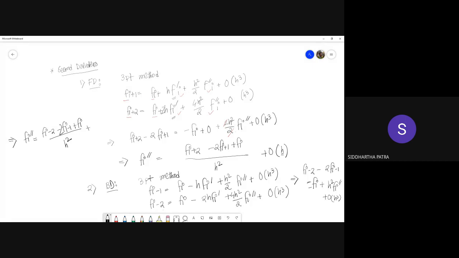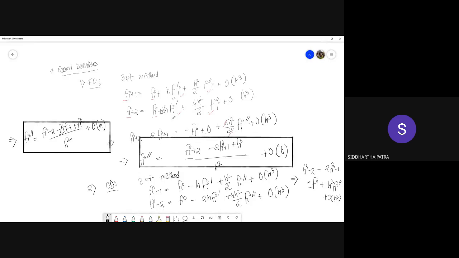Okay, and this one has a truncation error of order h. Okay, so these two are the expressions from forward and backward difference methods. Now we would look into the central difference method.